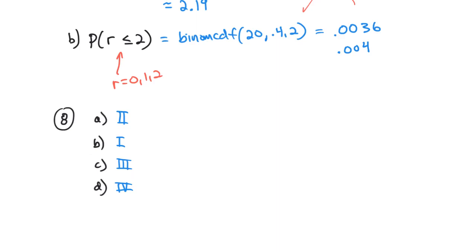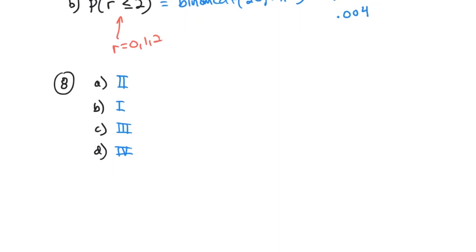There will be, but when P is close to 0, you're going to get a lot of small successes, like a lot of R equals 0, a lot of R equals 1, and you're going to have hardly any R equals 6 or R equals 5. So the probabilities are going to be built up on the left of the graph, and then it'll be skewed to the right. And then there's one more we should take a look at.